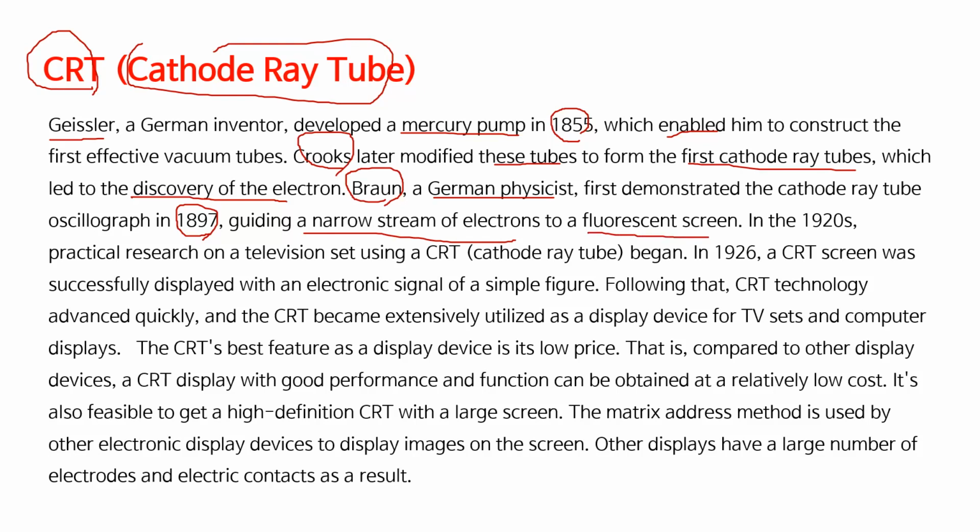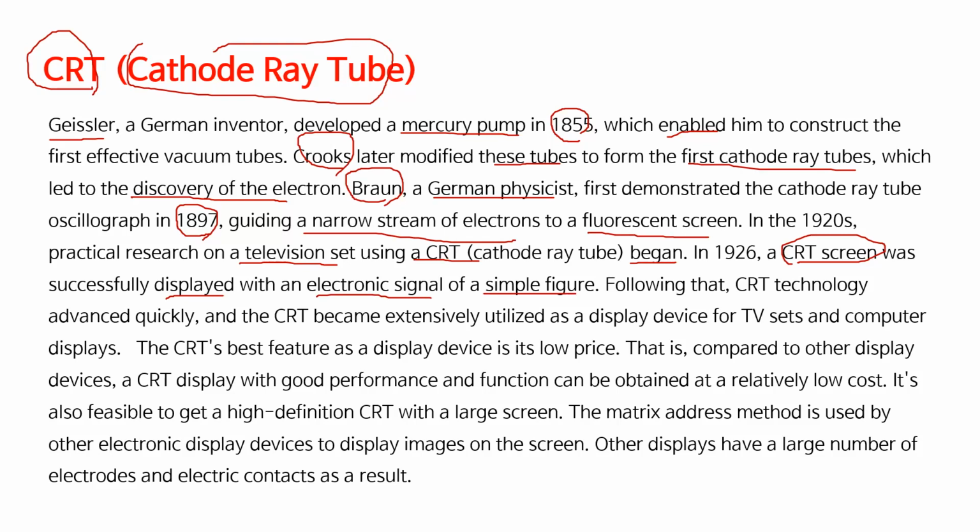In the 1920s, practical research on a television set using a CRT began. In 1926, a CRT screen was successfully displayed with an electronic signal of a simple figure.